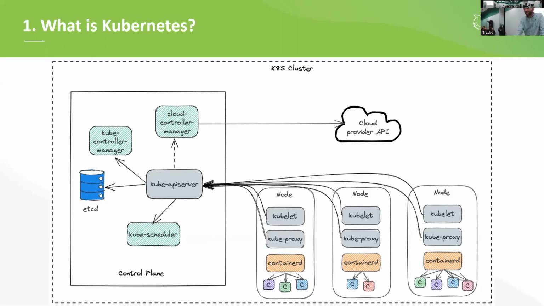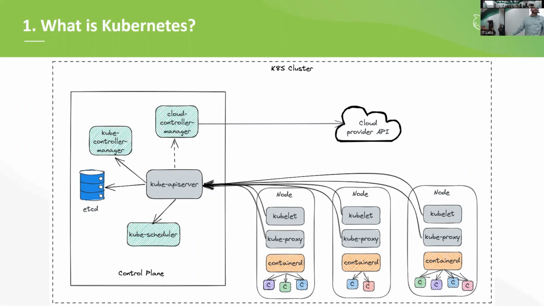Kube controller manager is actually running all the controller processes, and all the objects in Kubernetes that we will go through have their own controller process, which actually responds to different cluster events. Cloud controller manager actually doesn't exist if you create Kubernetes locally. It exists in managed Kubernetes services.